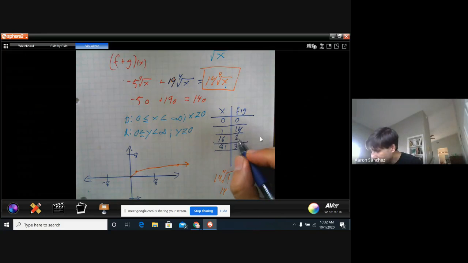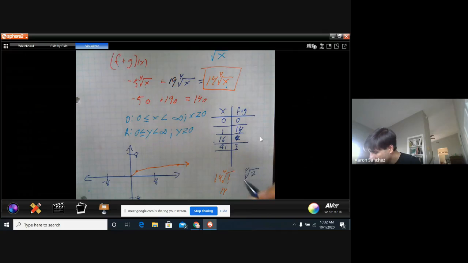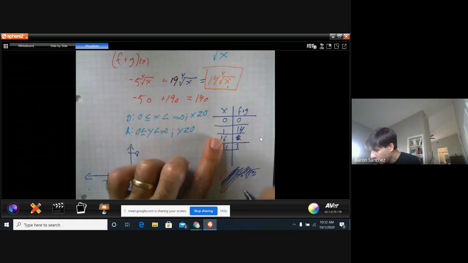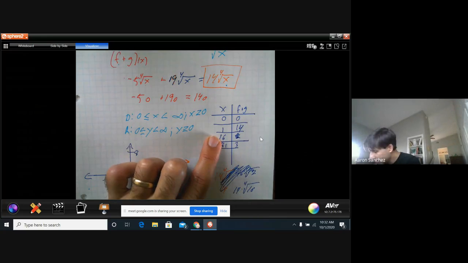Same thing here. Fourth root of 16. Sorry, start over. Fourth root of 16, then I've got to multiply it by 14. Fourth root of 16 is 2, times 14, which is 28.